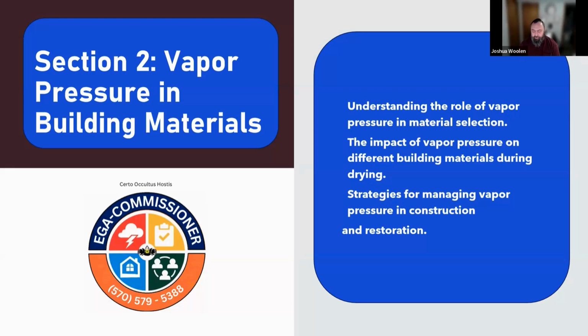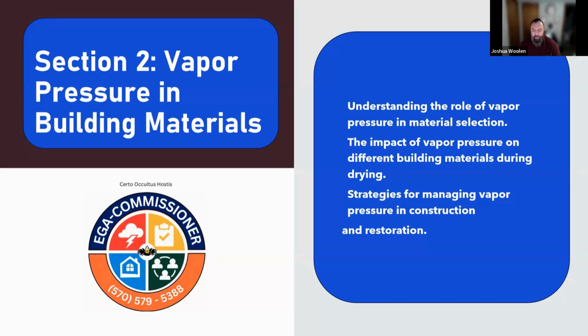But moving forward, vapor pressure is crucial in the materials that we are drying. Each and every piece of material has a unique drying behavior. You cannot dry concrete the same as you would hardwood or a piece of plywood or drywall, in-place drying, or just cut it out and dry just the structure and be done with it, right? But we have to understand the moisture accumulation and the damage that will come with that.